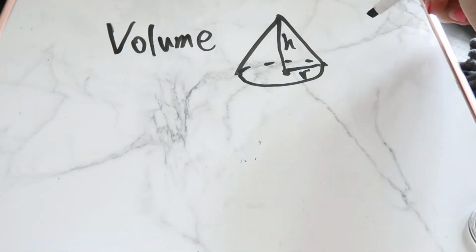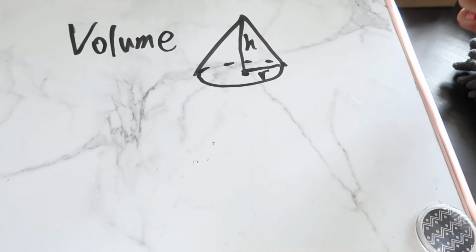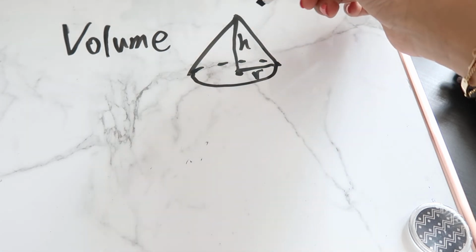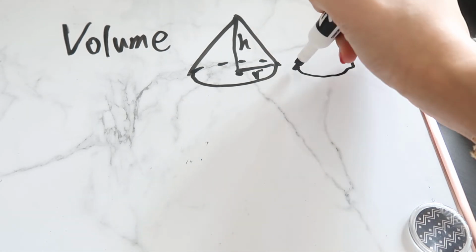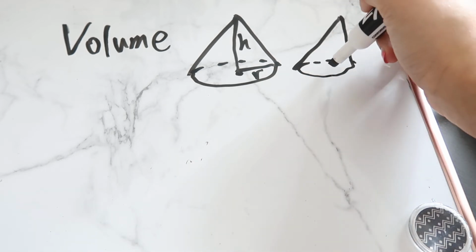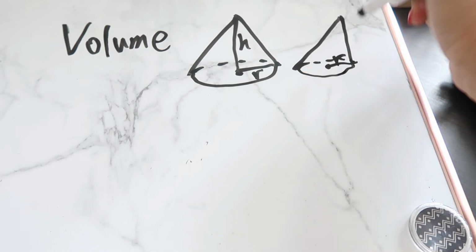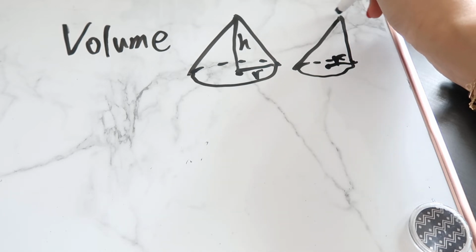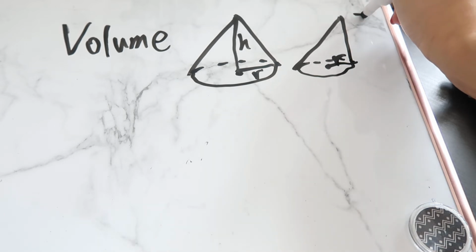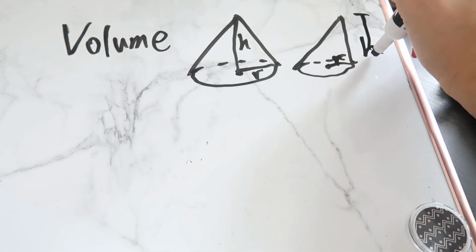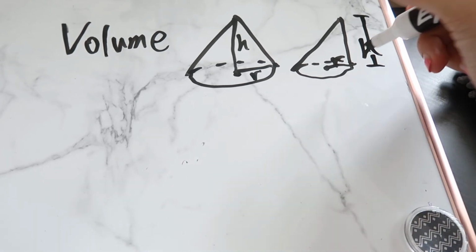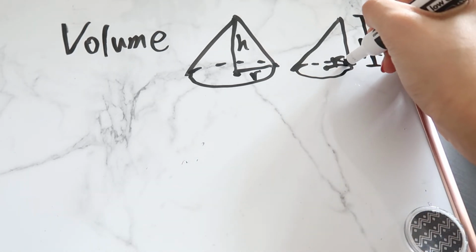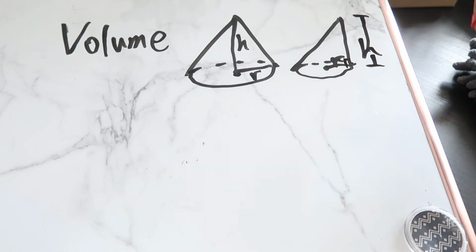And let's say if the cone is not upright, and let's say if the cone looks like this, the radius is the same thing, but the height, we will again look at where is the top, and then the height is here. This is because for this angle, this is a right angle. This is just a special case.